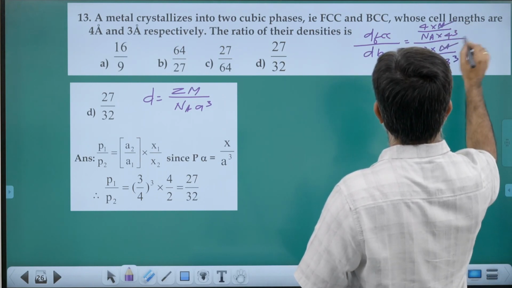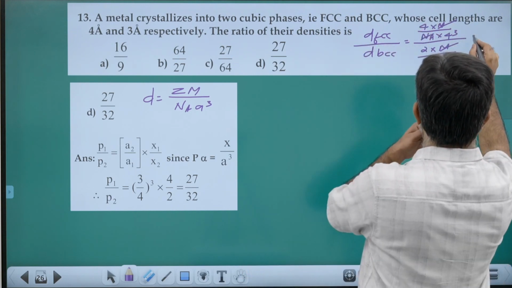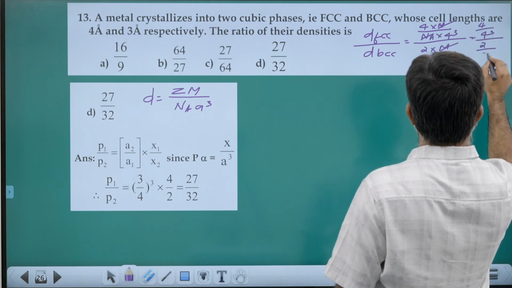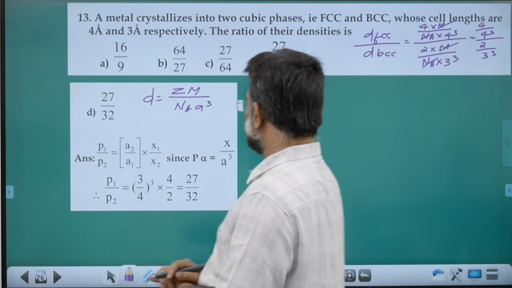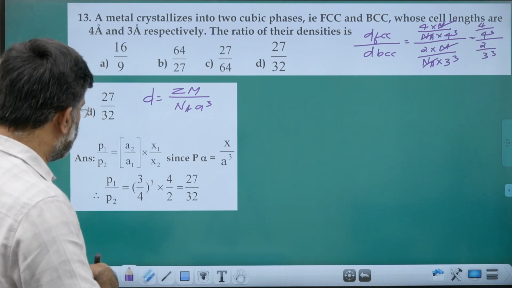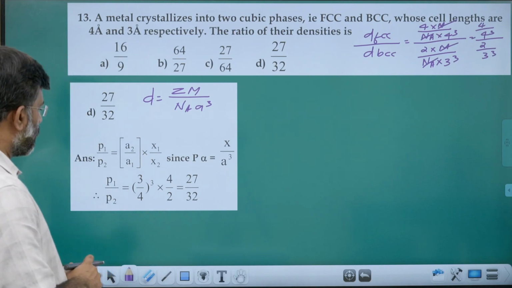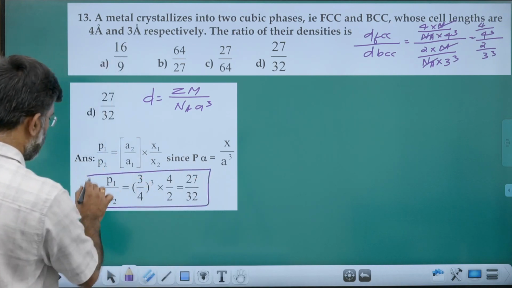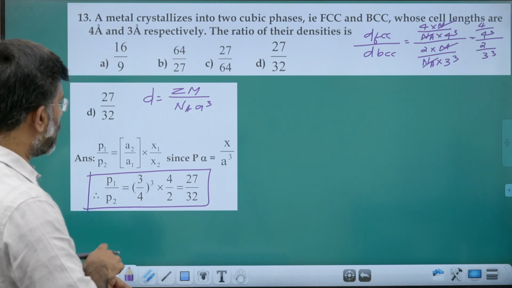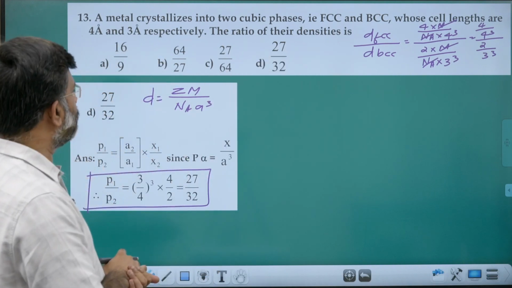So NA cancels. 4 by 4 cube divided by 2 by 3 cube. So it is 4 by 4 cube divided by 2 by 3 cube, go to top. So that's over. P means D. So it is D proportional to X by a cube. X means what I have written, Z.